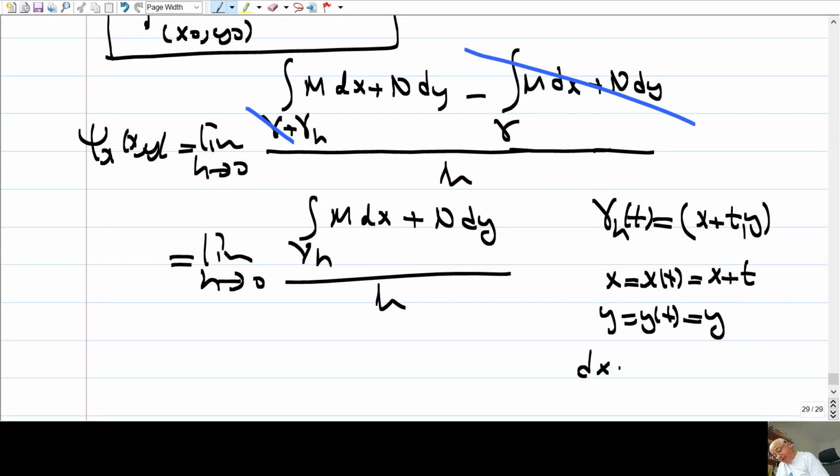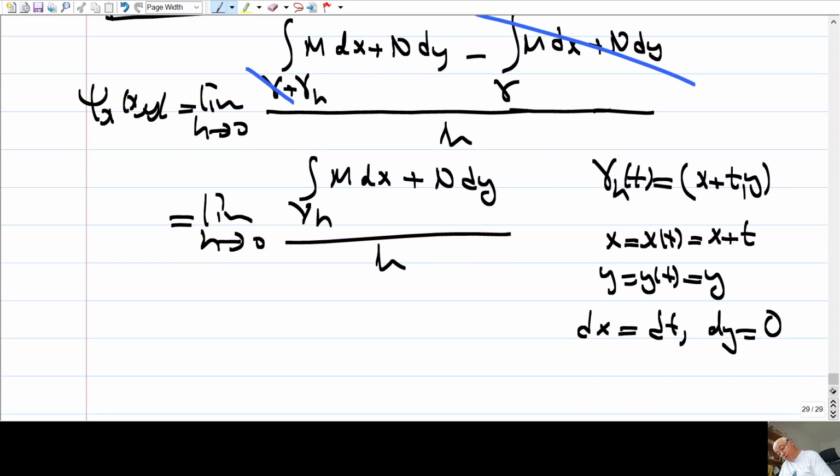So what is dx? I take the derivative with respect to t, of course. dx over dt is just 1. What is dy over dt? It is just 0. So the y coordinate doesn't change, and the x coordinate changes by t. So dx over dt is 1, dy over dt is 0.